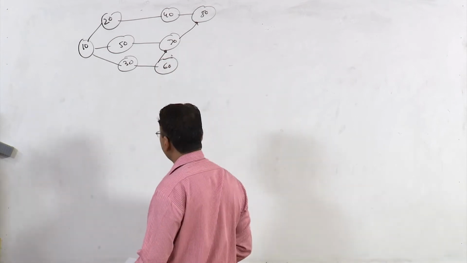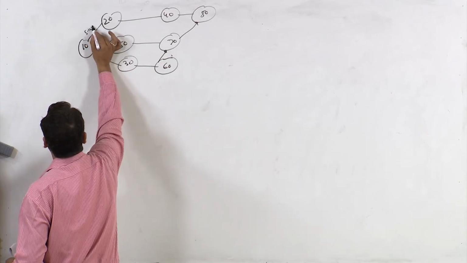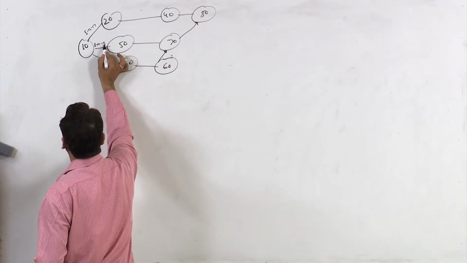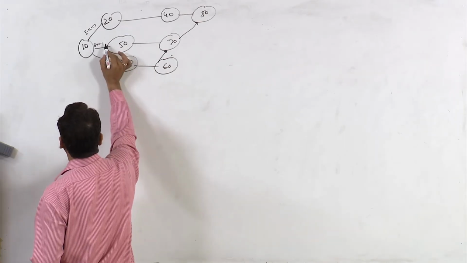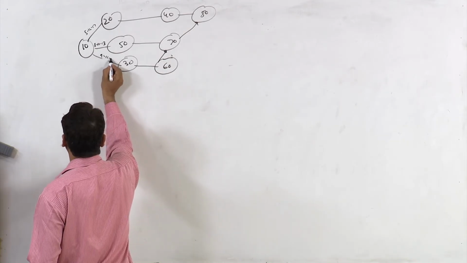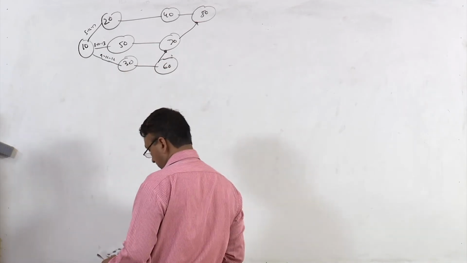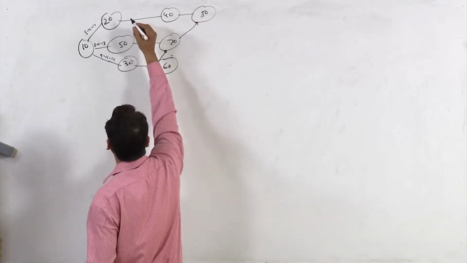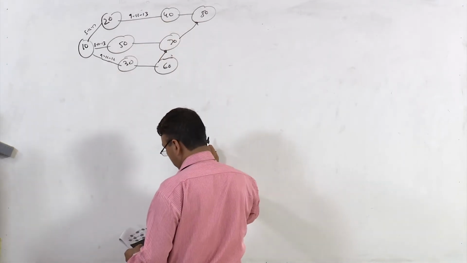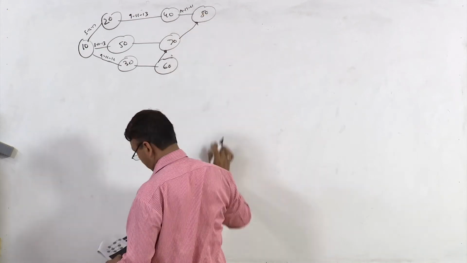And the time durations are 5, 12, 17, 8, 10, 13, then you have got 9, 11, 13, then 14, 17 and 21.